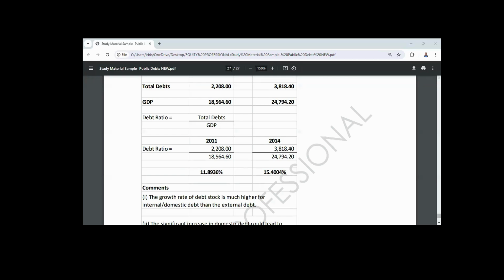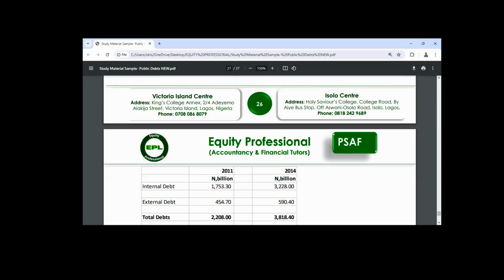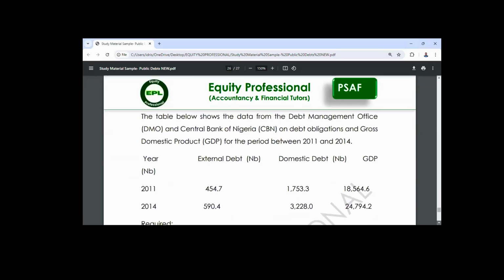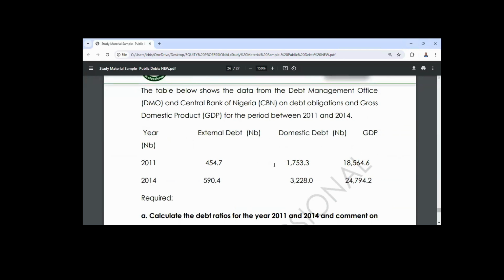For those who don't have the updated material, I've sent it to the group chat already. You can check. If you look at the question, we were given GDP already for each year. Can you see that? Yes, sir.